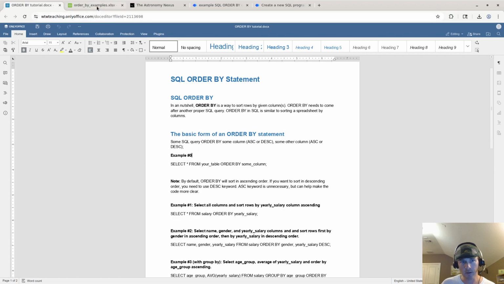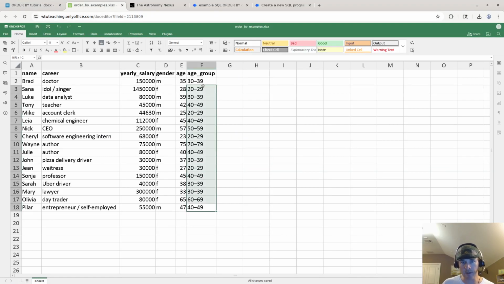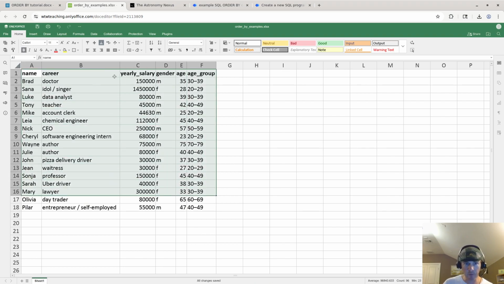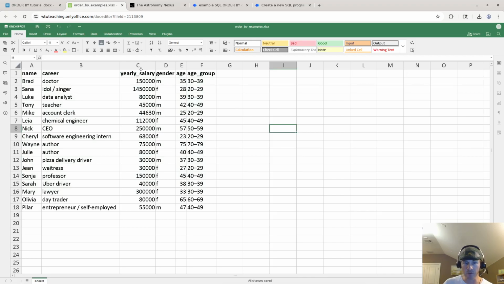Okay. Now, what I quickly want to do is that, as I mentioned, a spreadsheet is very similar to SQL. What I'm going to show you is, let's say you have data like this. This is salary data, so we have name, career, yearly salary, gender, age group.